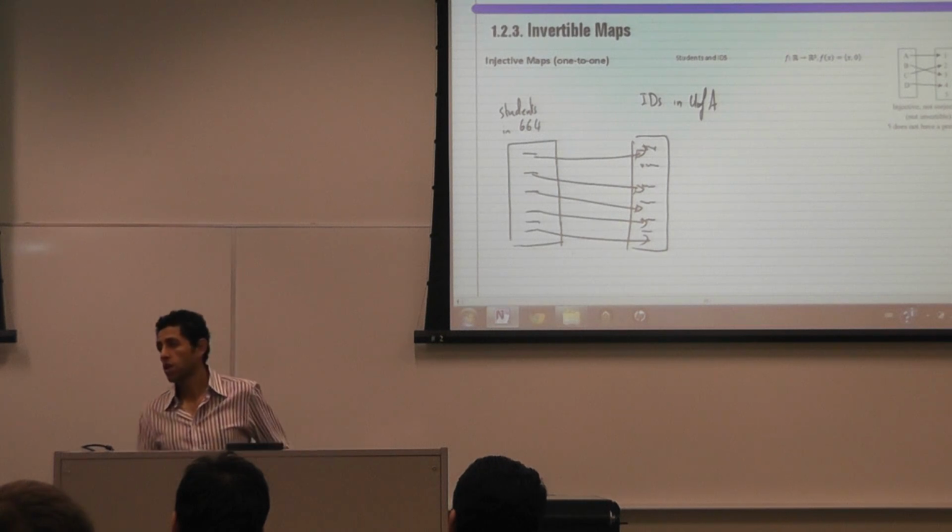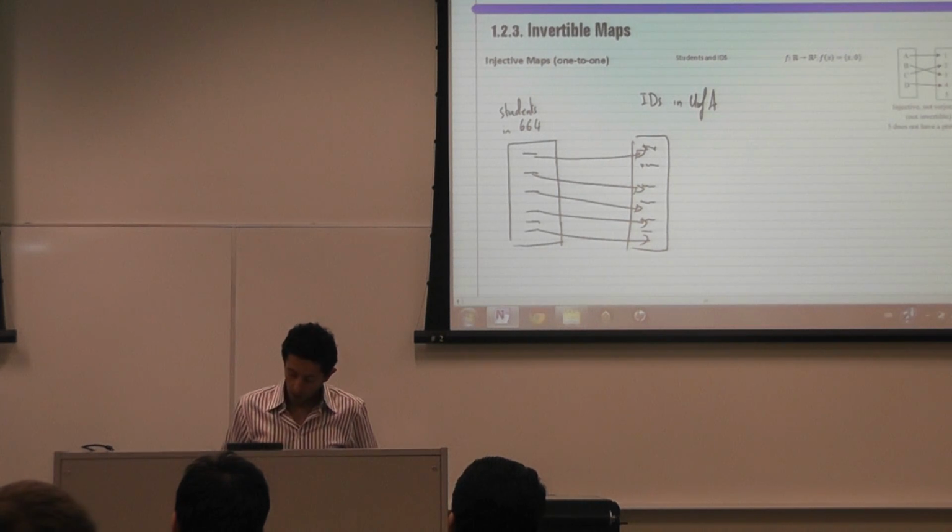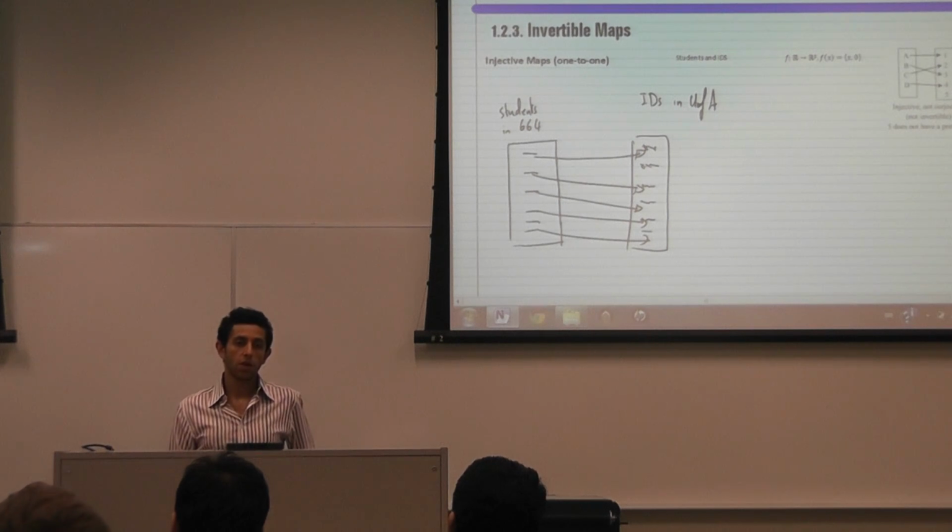This function is not invertible because there are IDs that do not have students in 664, so I cannot invert this map.